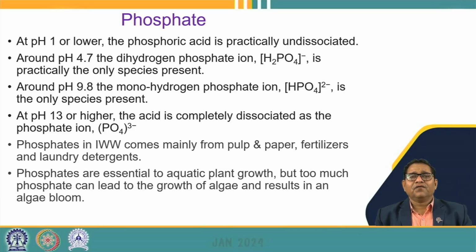Phosphate in industrial wastewater mostly comes from pulp and paper industries, fertilizer, and laundry and detergents. Phosphates are essential to aquatic plants, but too much phosphate can lead to the growth of algae, and that can result in algal bloom.